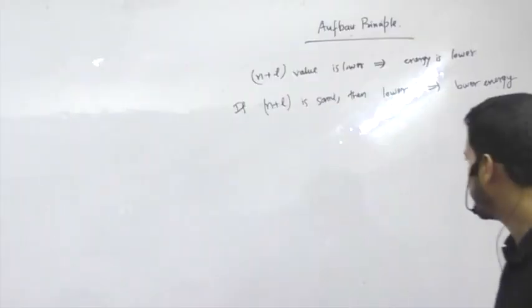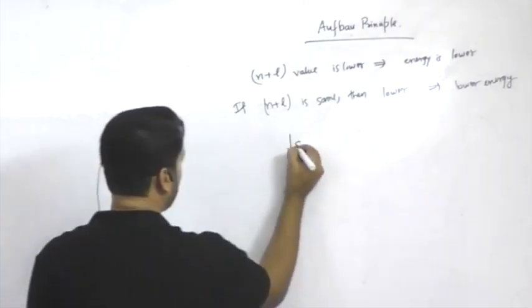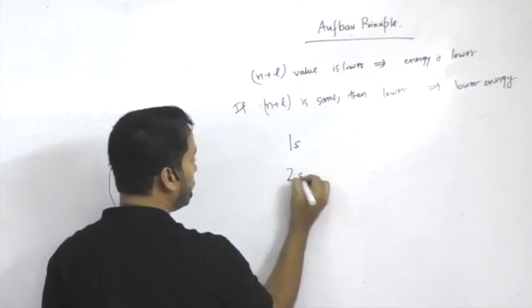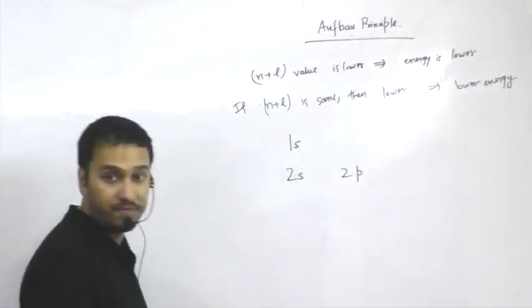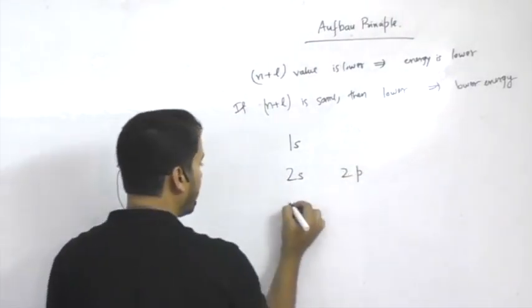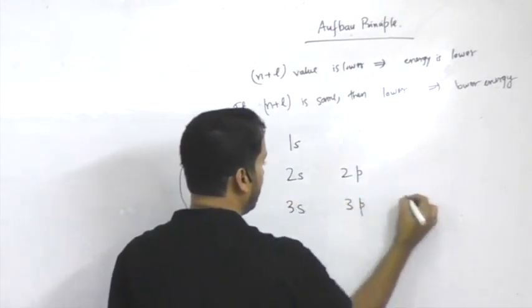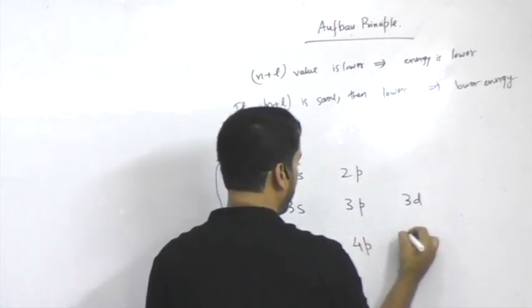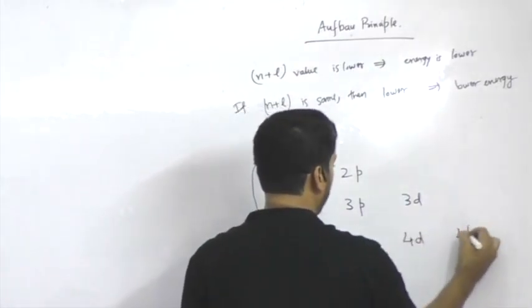Is it okay? So, in the first orbit, I have only one subshell, 1s. In the second orbit, I have two subshells, 2s and 2p. और नहीं हो सकता. In the third orbit, I have 3s, 3p and 3d. In the fourth orbit, I have 4s, 4p, 4d and 4f.